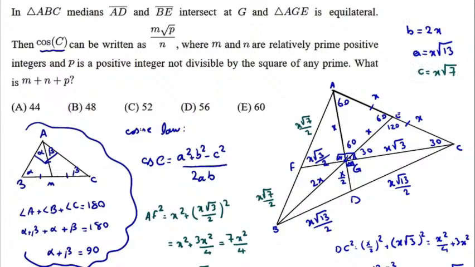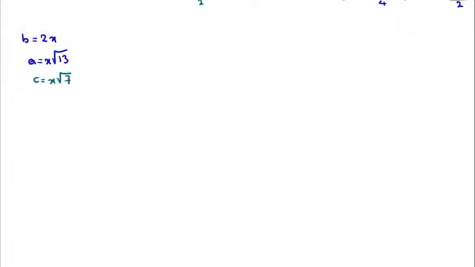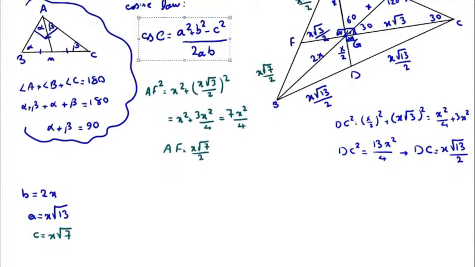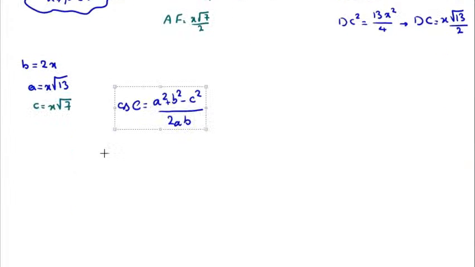Now let's calculate cos C. A, B, C are these. And let's copy cos C. We want to calculate this. Because x squared and x squared are in both numerator and denominator, they will be cancelled. So we don't write x; without loss of generality, we can consider x is 1.